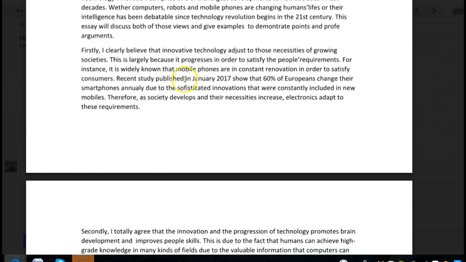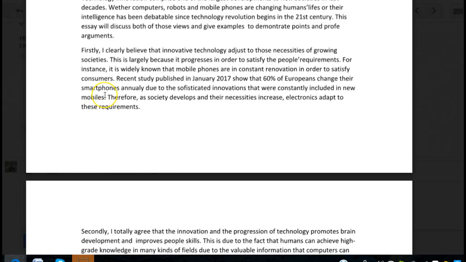"A recent study published in January 2017 showed that 60% of Europeans change their smartphones annually," with a double L, "due to the sophisticated" — careful with your spelling — "innovations that are constantly included in new mobiles." Okay, well done.